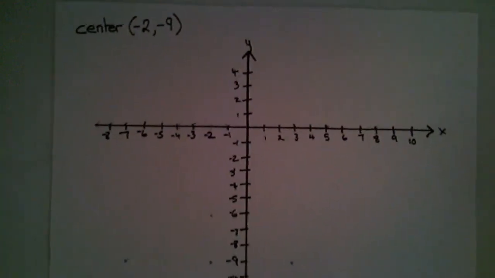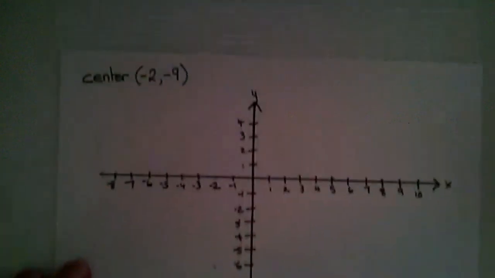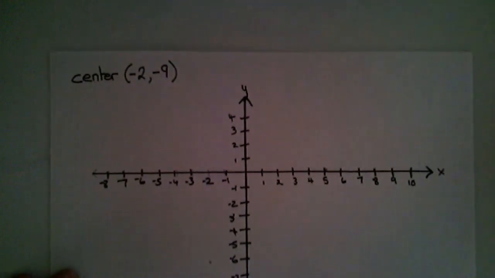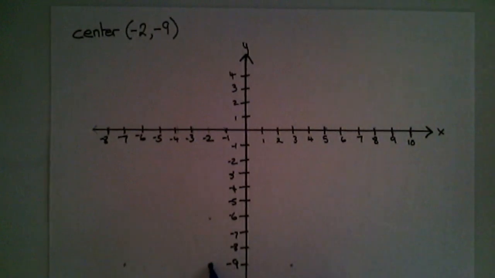Right, let's move on to our ellipse. So again, where's the center and how are we going to find the rest of the points? So we know what the equation is: quantity x plus 2 squared over 25 plus y plus 9 squared over 9. So our center, we said, was -2, -9. So -2, -9 is here.